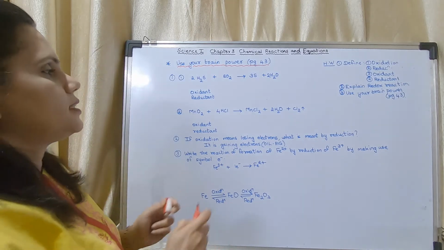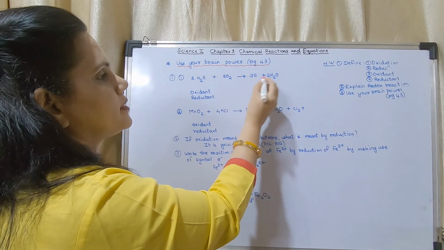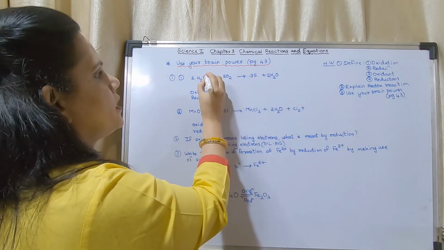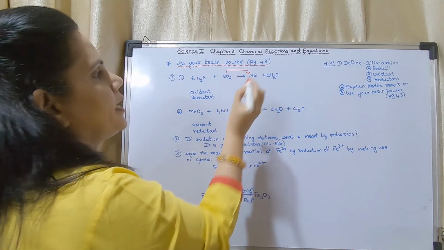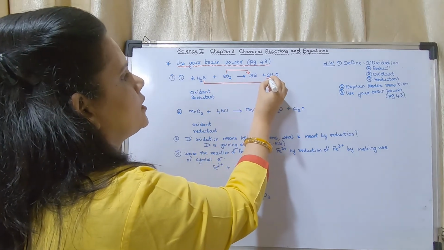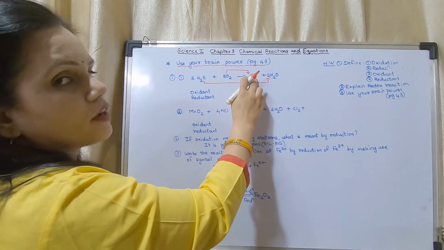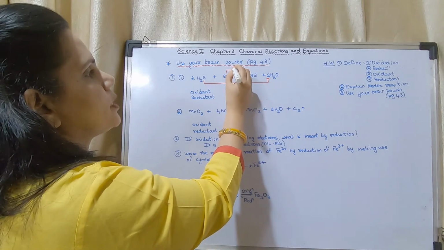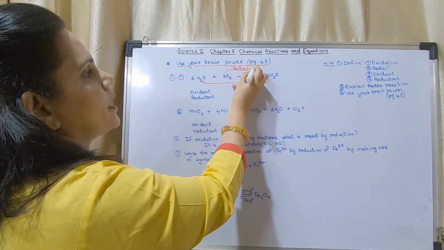Okay, so in this reaction, the first reaction is 2H2S plus SO2 gives 3S plus 2H2O. Here you may see SO2 is getting converted into S and H2S is getting converted into H2O. Okay, so here there is losing of oxygen. So which type of reaction is it? It is a reduction reaction.